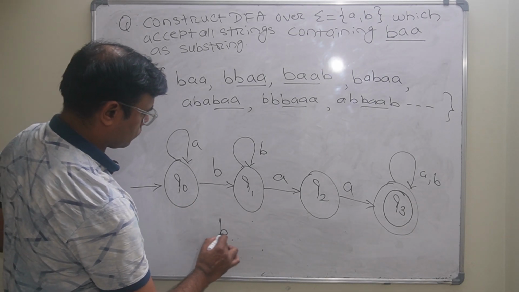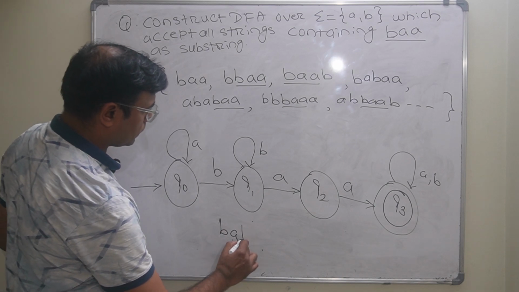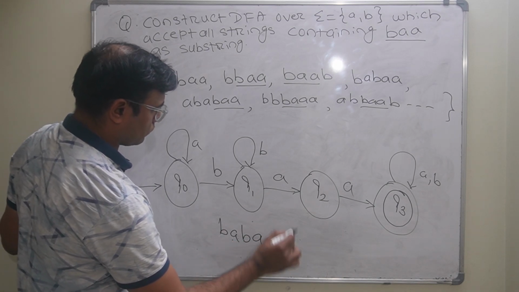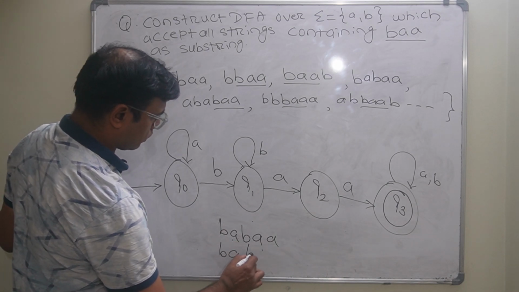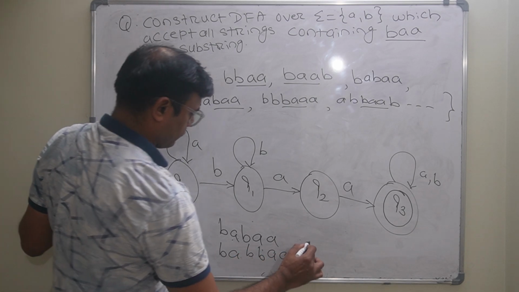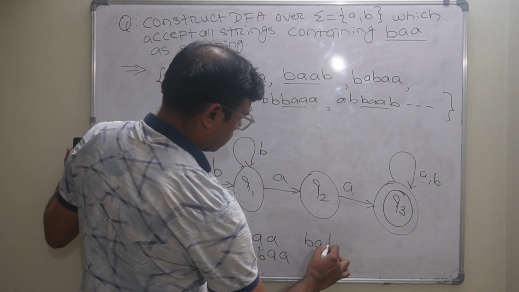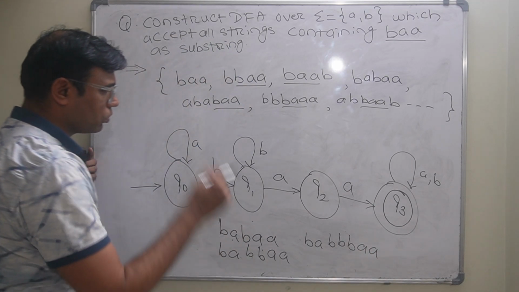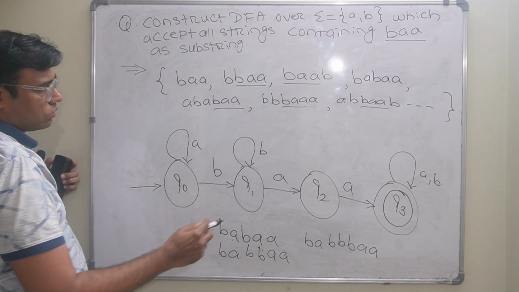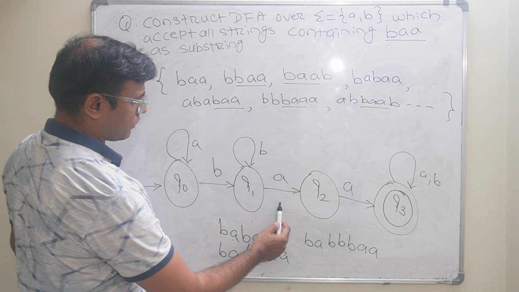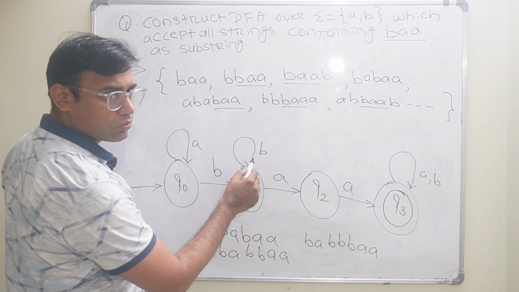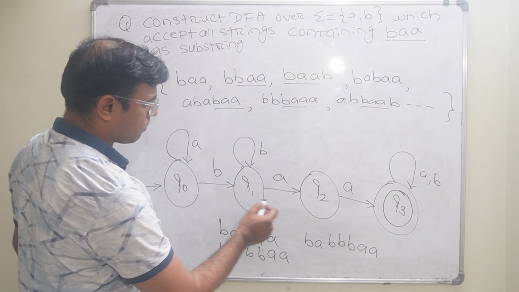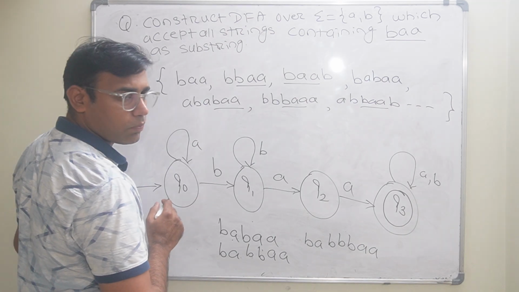Now the next possibility we can take is BABA, BABBAA, then BABBBAA. So what to do in this case? Here we reach BA and then there is a loop of B. So if we come back on B here, it will solve our problem.